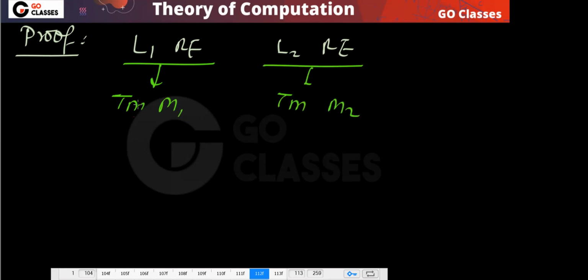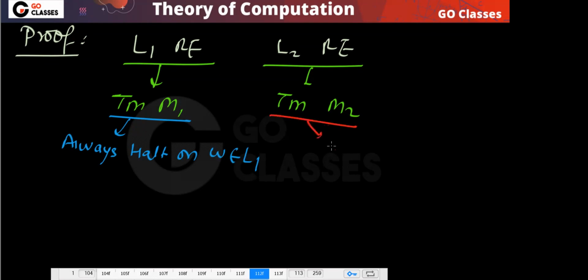Can I say M1 always halts on strings W belonging to L1, and M2 always halts on W belonging to L2? Very simple.